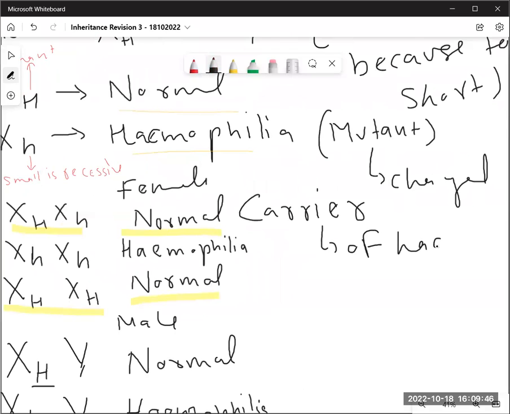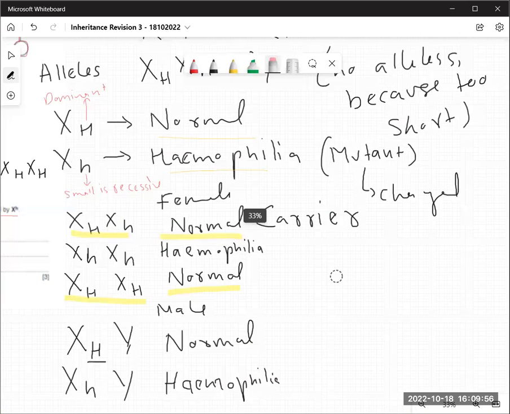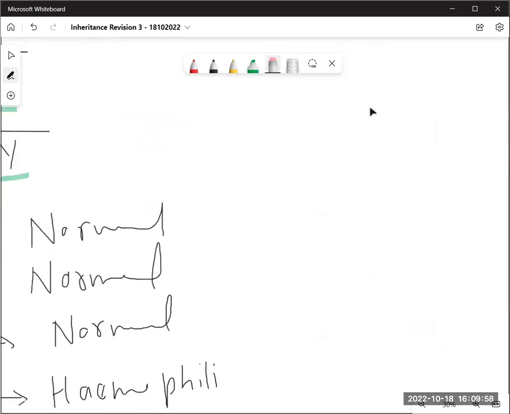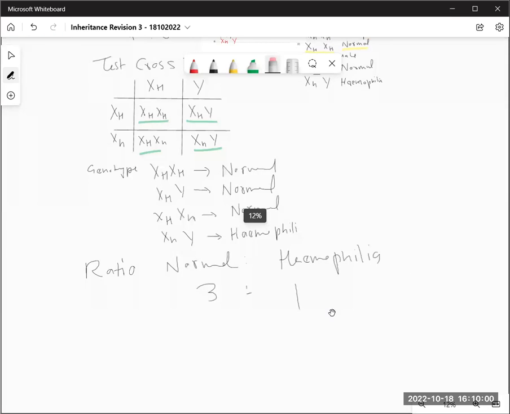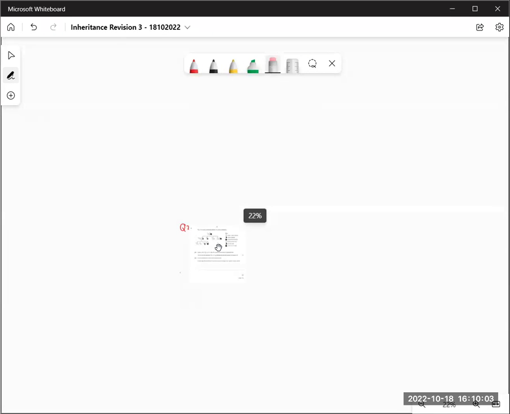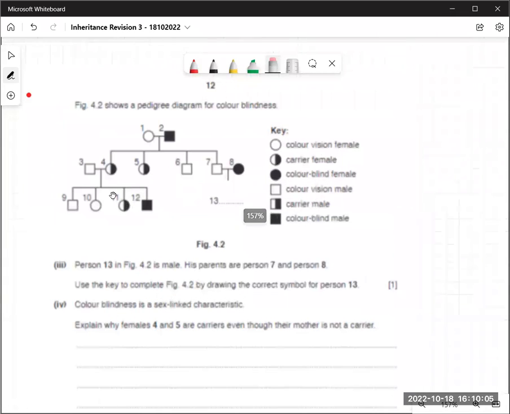Of hemophilia. Because they don't have it, but their offspring can get hemophilia even though they don't have it. That's like COVID. Sometimes people had COVID but didn't feel the symptoms, but they could still pass it to other people. In the same way, that happens here. So that is what they mean by carrier.